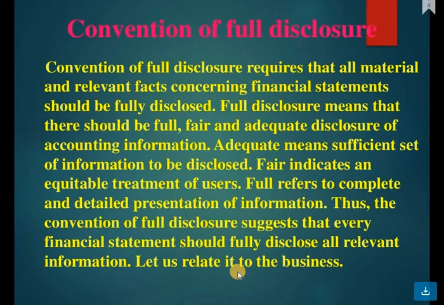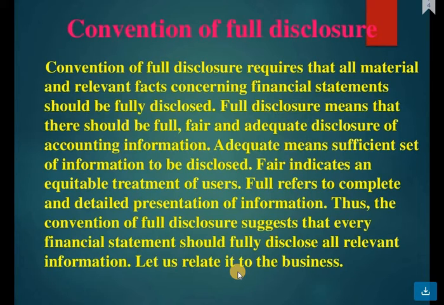Then what is this convention of full disclosure? Basically, disclosure means nothing should be hidden, nothing should be left closed. We have to open all the accounting details in front of investors. That is what the convention of full disclosure says. The convention of disclosure requires that all material and relevant facts concerning financial statements should be fully disclosed. That means nothing should be hidden, everything should be disclosed.